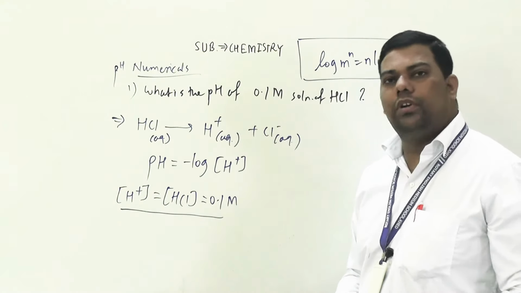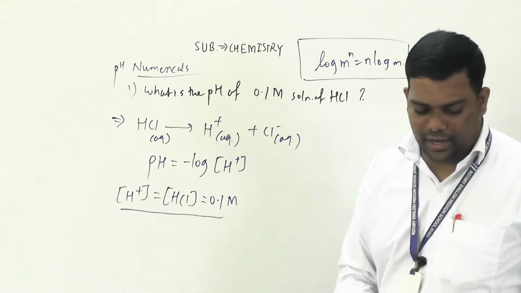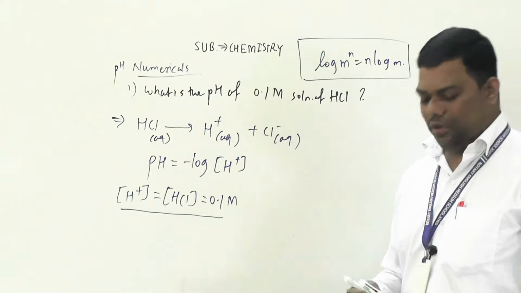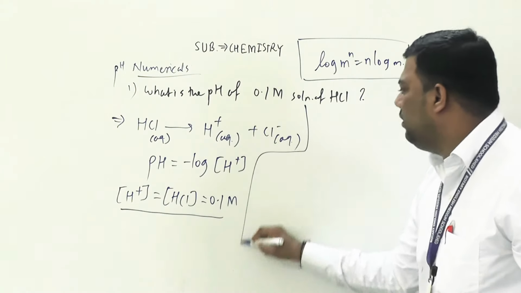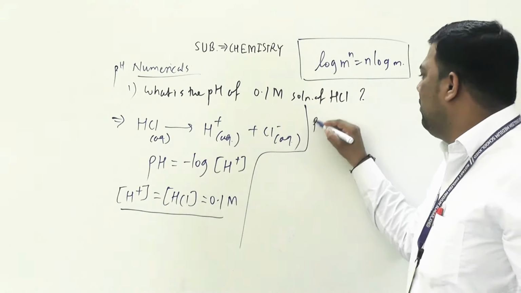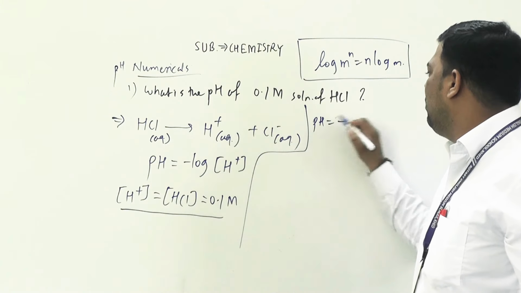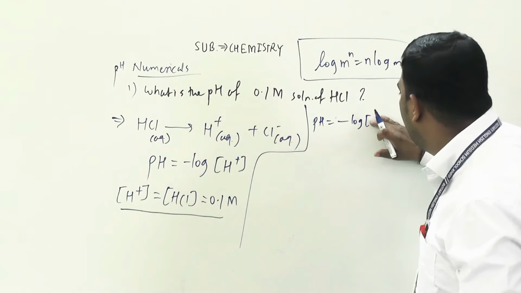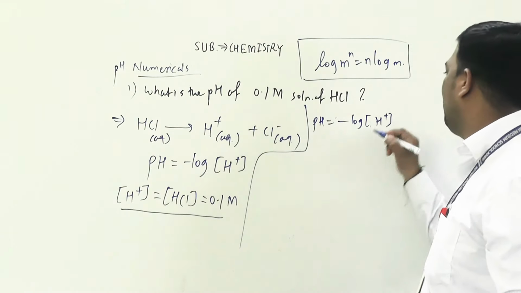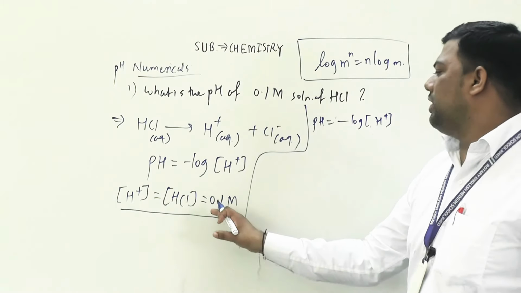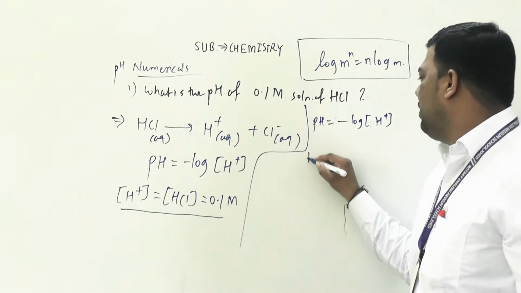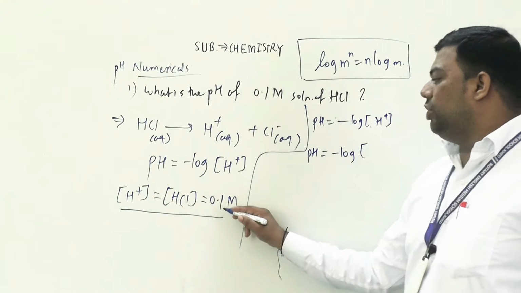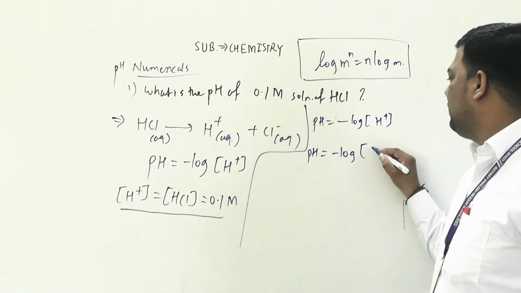Then you put this in the formula. pH is equal to the negative logarithm of the concentration of H plus ions, which is 0.1. So pH is equal to negative log of 0.1.